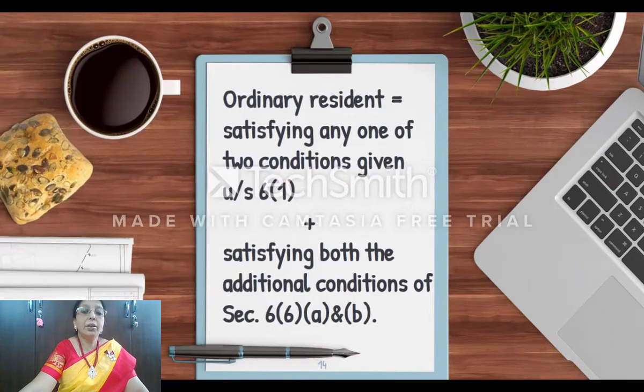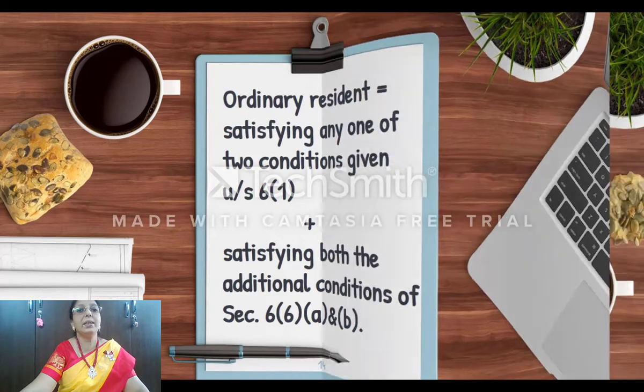And an ordinarily resident satisfies one of the two conditions under section 6(1), that is the basic condition, and he satisfies both the additional conditions under section 6(6)(a) and (b), that is the two additional conditions that we have seen.